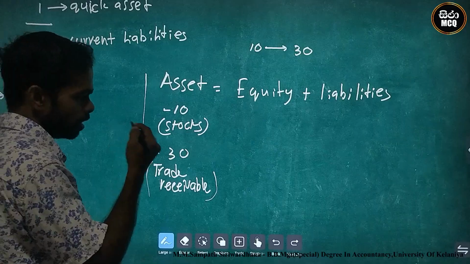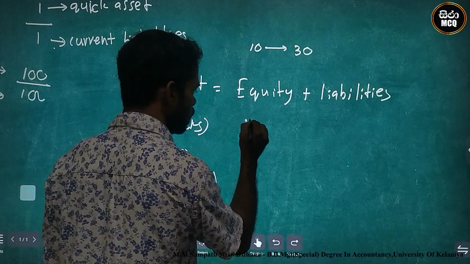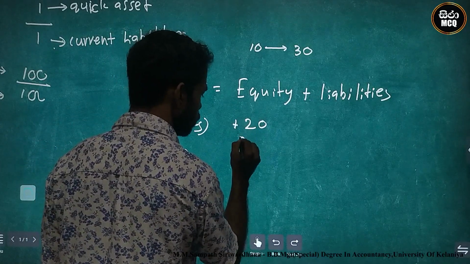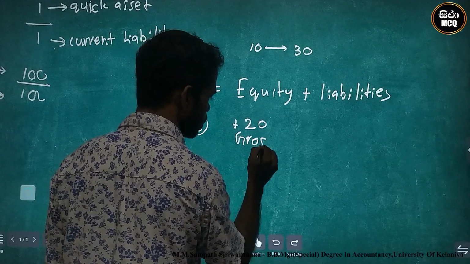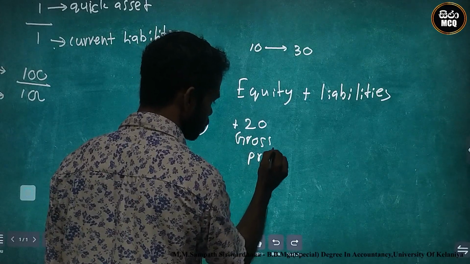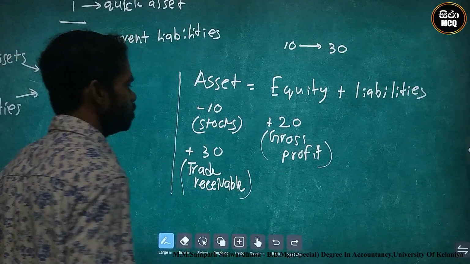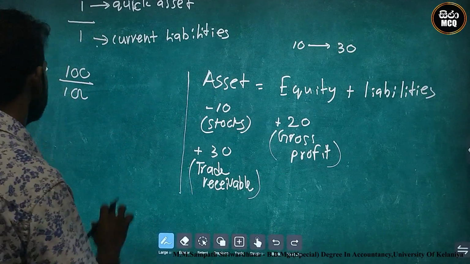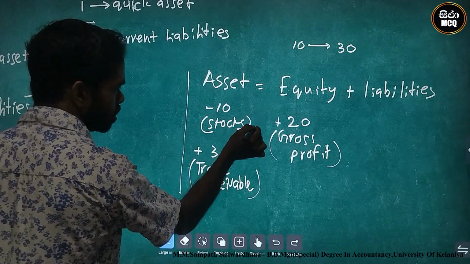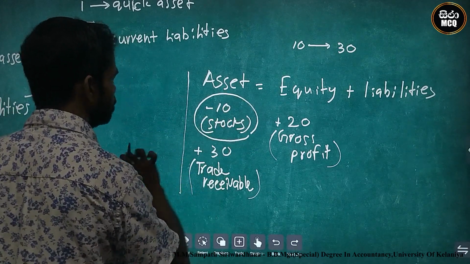Next, there is a gain of 20, gross profit. This is the impact; at that time we can find the answer. Stocks means inventory.